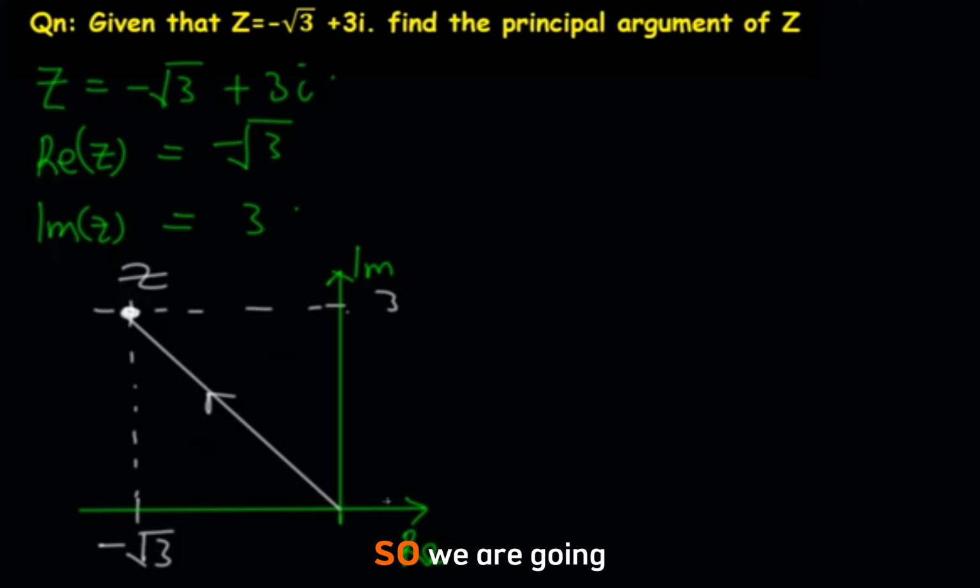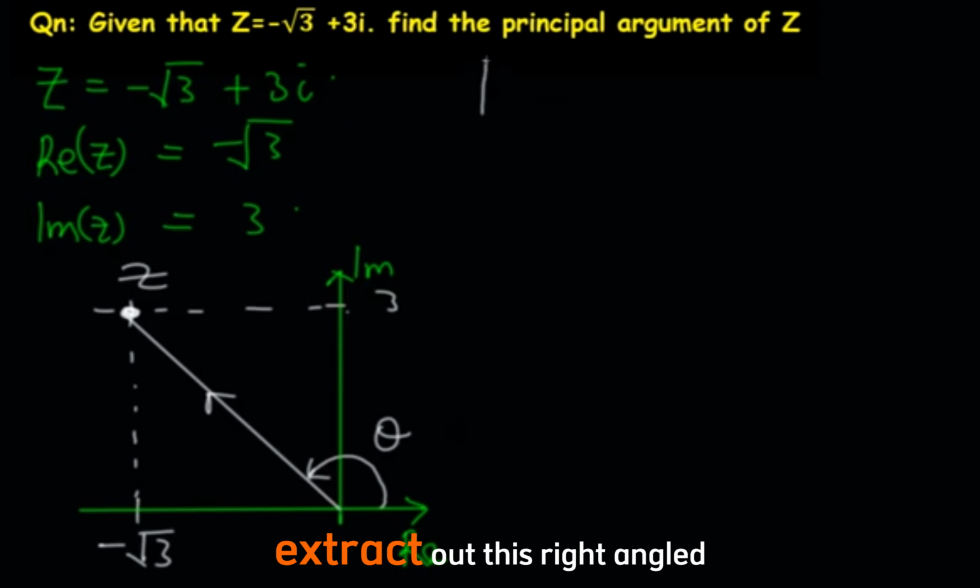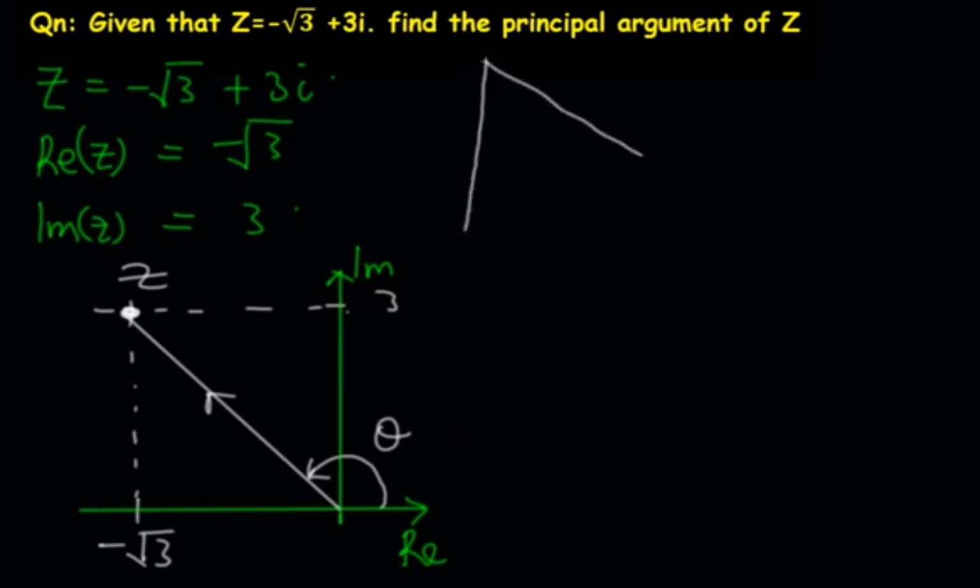So we are going to get this value of theta. But now we agreed that to obtain theta, we are going to extract this right-angled triangle. This is 3 and this is root 3. But now we need to obtain alpha.